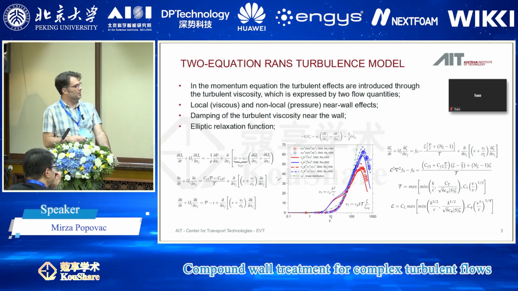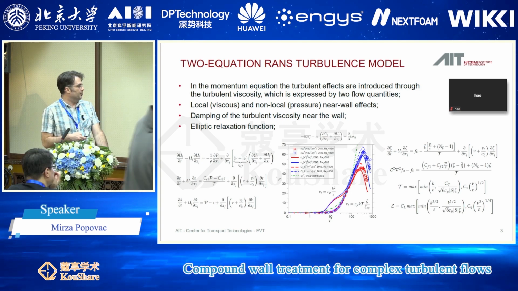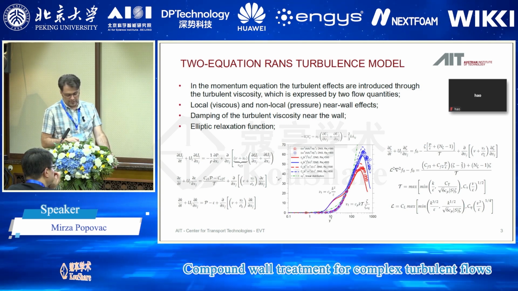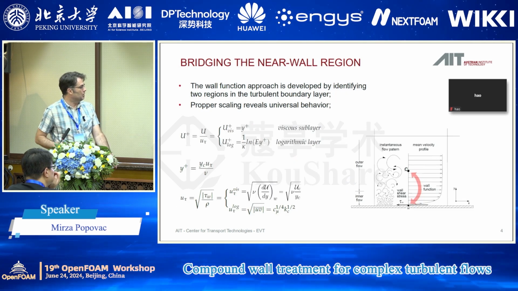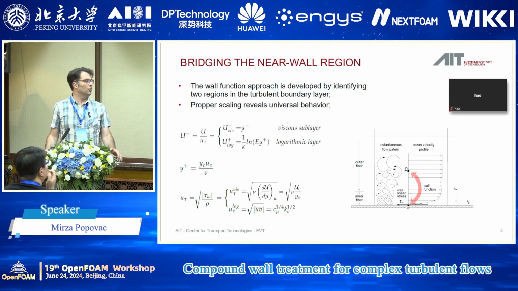This I will comment on later when we come to the results. In addition, there are constraints for length scale and time scale in this equation. And this set of equations now gives me a good explanation of what's going on in the wall-bounded turbulent flow.